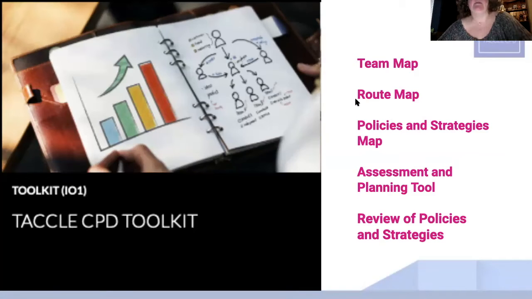Then we've got a route map, which is more detailed, starting off with what your area is, whether you're a manager, whether you're a staff member. And we've set out some competencies which are linked to the digital competence framework.